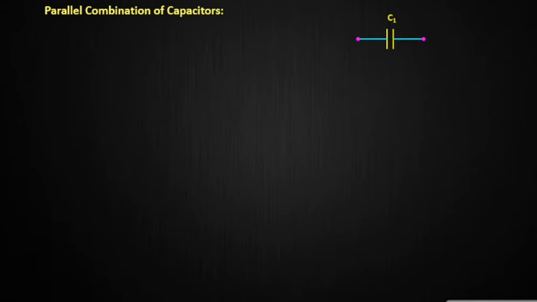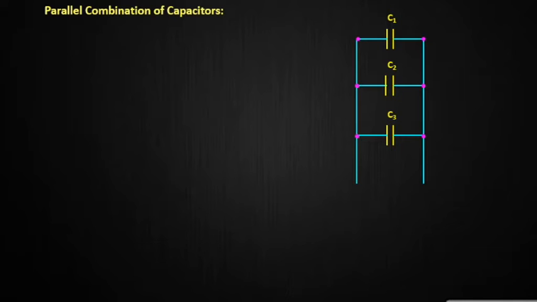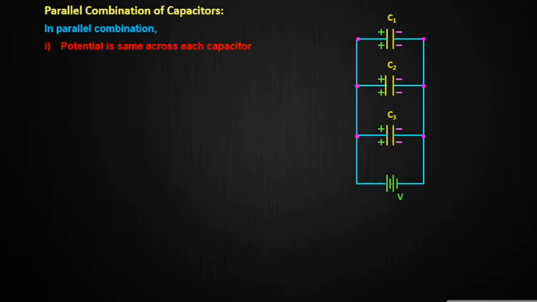Parallel combination of capacitors. Three capacitors of capacitance C1, C2 and C3 are connected in parallel as shown. A potential difference of V volts is applied across the combination. Being a parallel combination, the potential difference across each capacitor is the same.